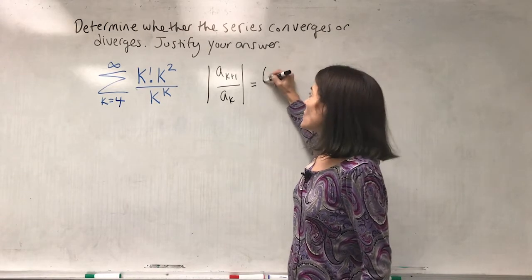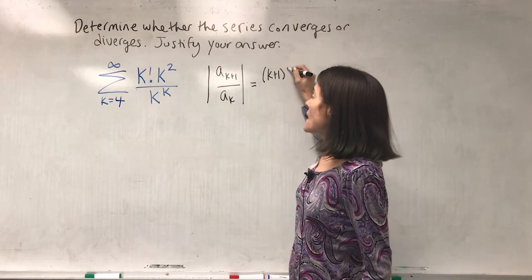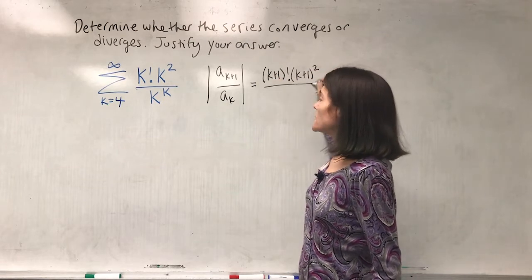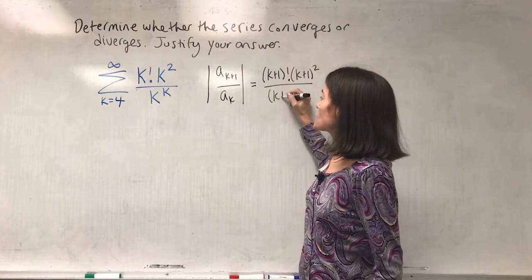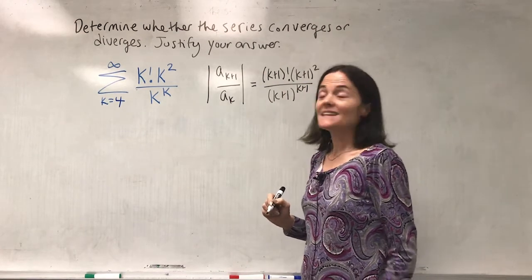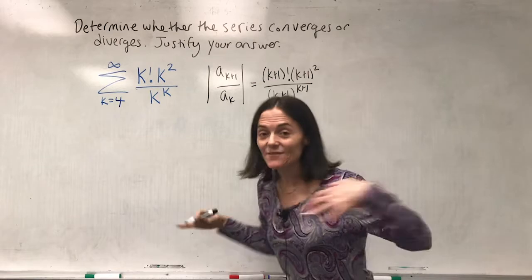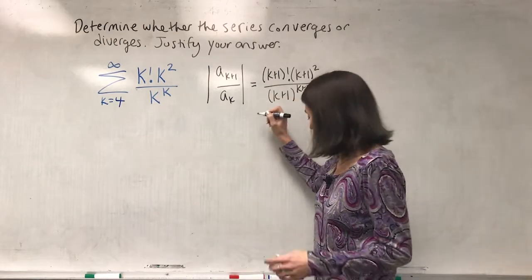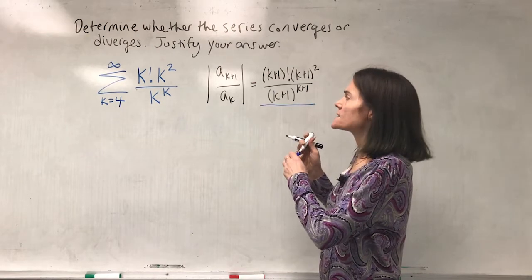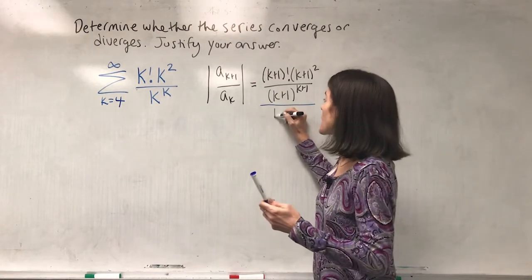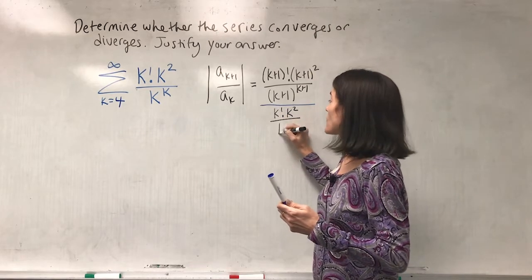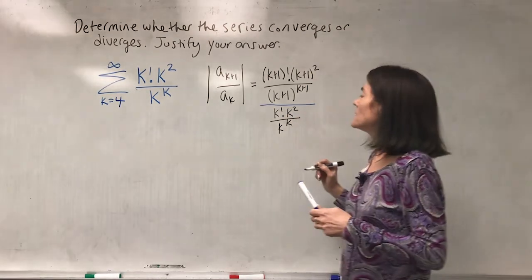Here we go. We have k plus 1 factorial, k plus 1 squared divided by k plus 1 to the k plus 1. This is ak plus 1, but then we divide, so all over, what is the kth term? Well, we see it looking at us, k factorial, k squared over k to the k.